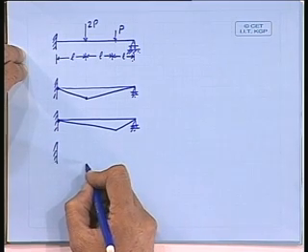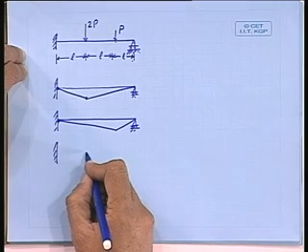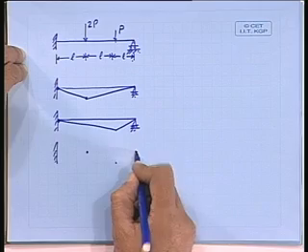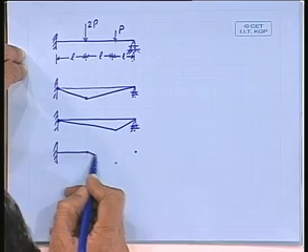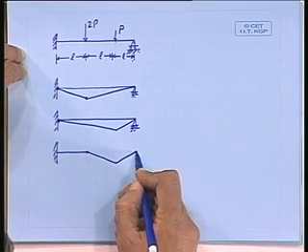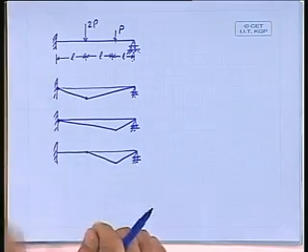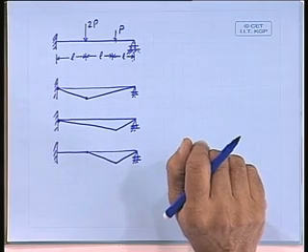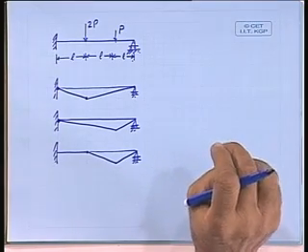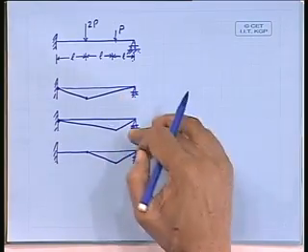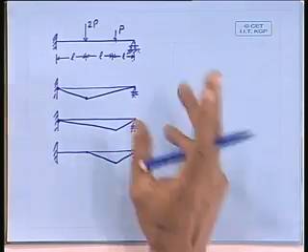So under the two loads, if I make hinges here, I can find out 3 possible mechanisms under which the collapse of this beam can take place.